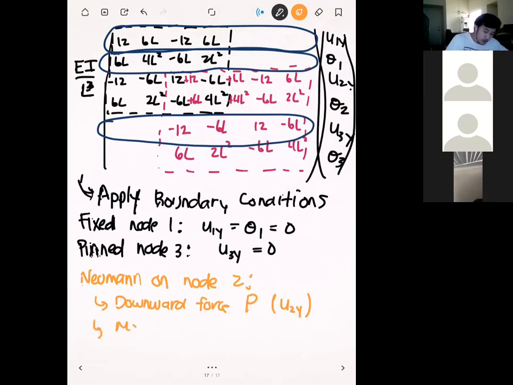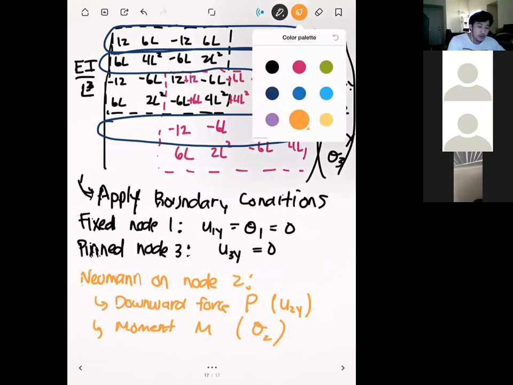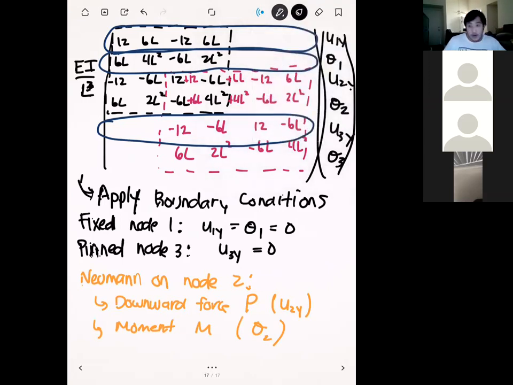And we also have a moment, which I think we called M, and this goes on the row of theta 2. So we're going to modify the forcing vector in the rows according to the forcing. Any questions on this before I apply all these conditions? We'll see if I can write a little smaller and fit it all in one row, but no guarantees.